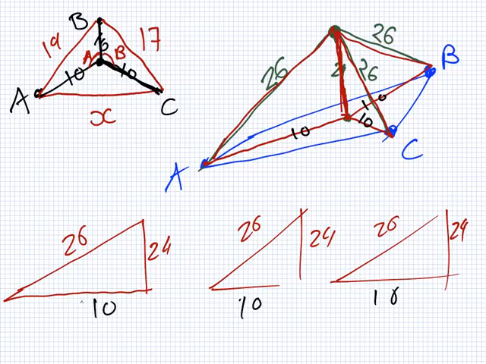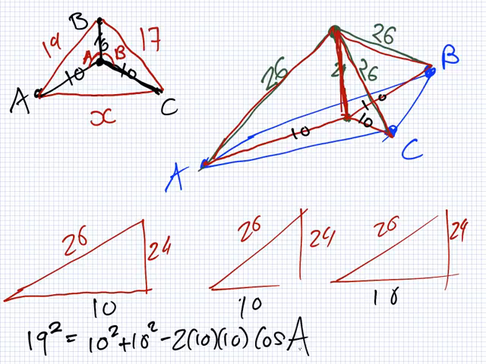So for example, I can say 19 squared equals 10 squared plus 10 squared minus twice 10 by 10 cos A. So this gives me A equals, let's calculate it. I'll double check it.